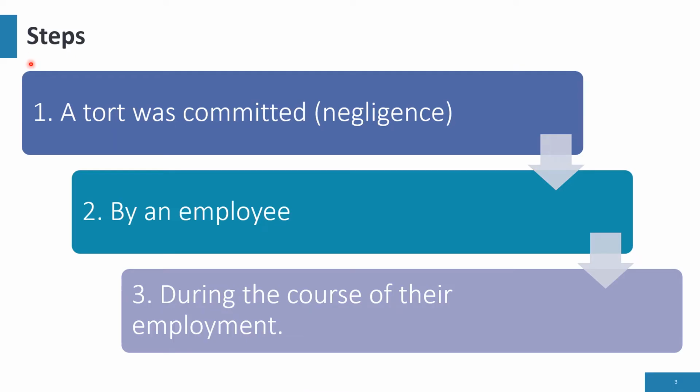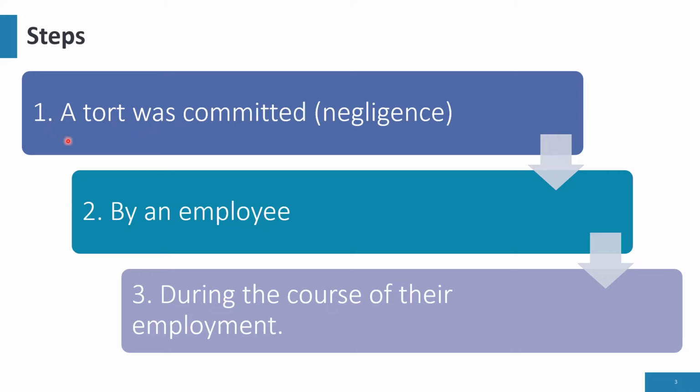In order to apply the law on vicarious liability, I've summarised the key steps into these three points. Firstly, a tort needs to have been committed, and I've put negligence in brackets because certainly in your exam scenarios, it's probably going to be negligence that's occurred.